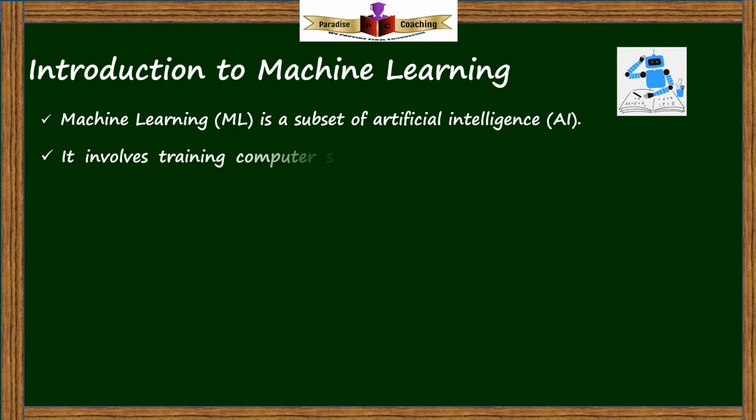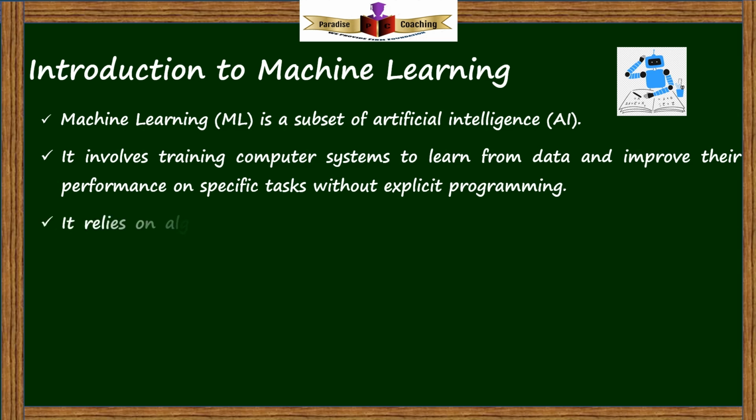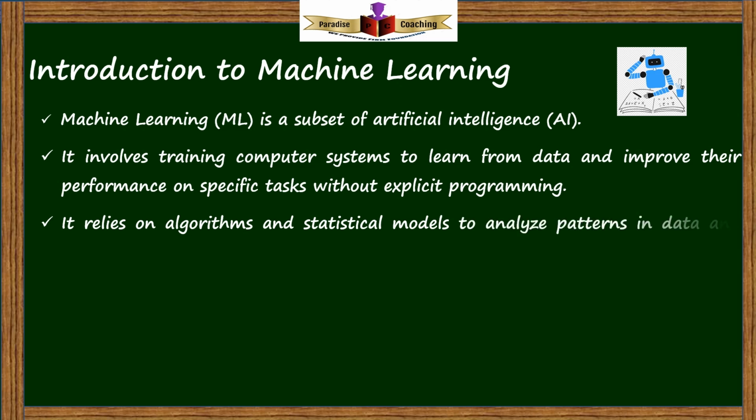It involves training computer systems to learn from data and improve their performance on specific tasks without explicit programming. It relies on algorithms and statistical models to analyze patterns in data and make predictions or decisions.